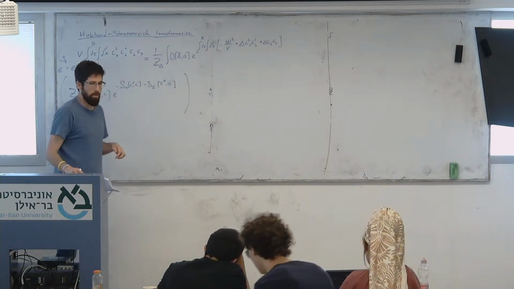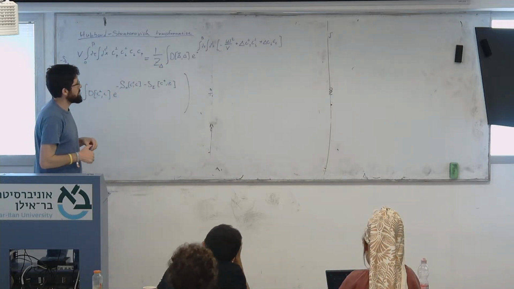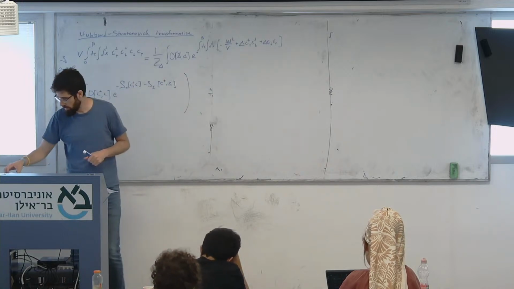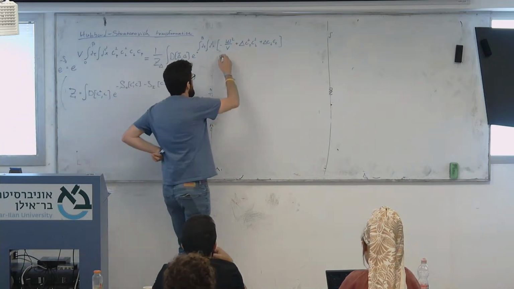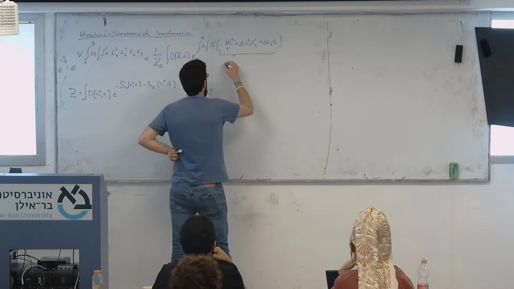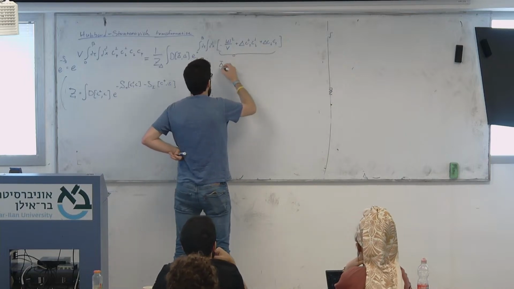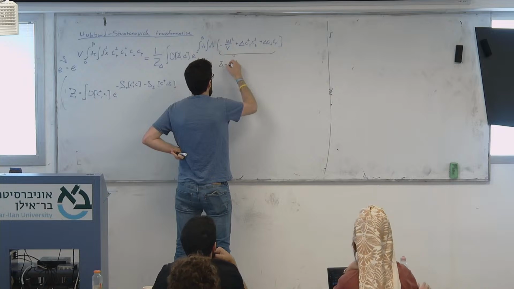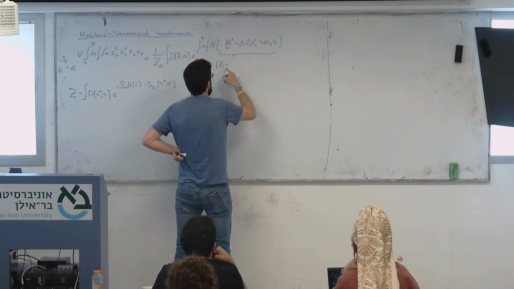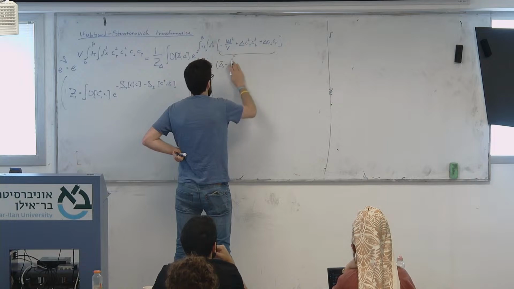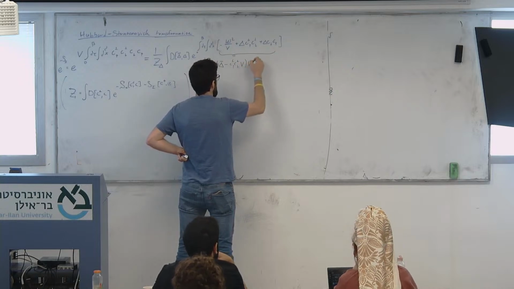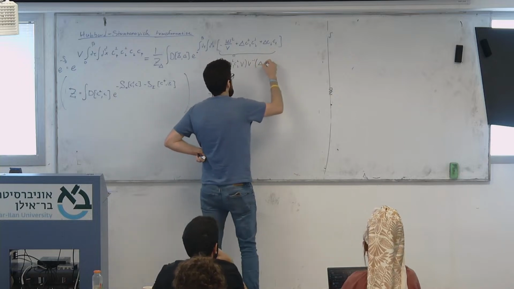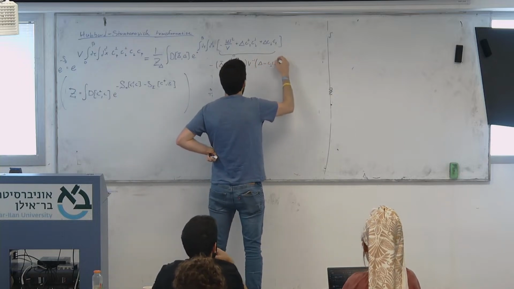Okay, now why is this true? Because you could imagine that everything in here, I can rewrite as delta bar, minus c dagger up, c dagger down, V to the minus 1, delta minus c down, c up.